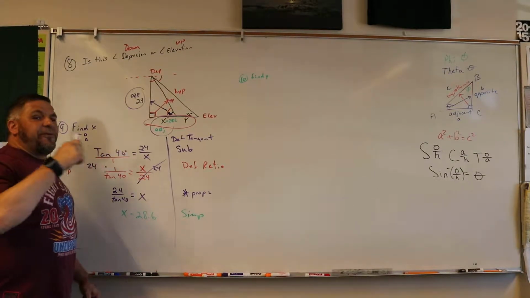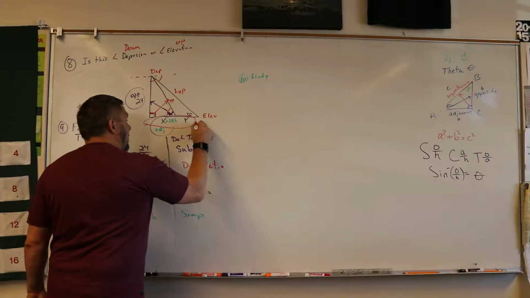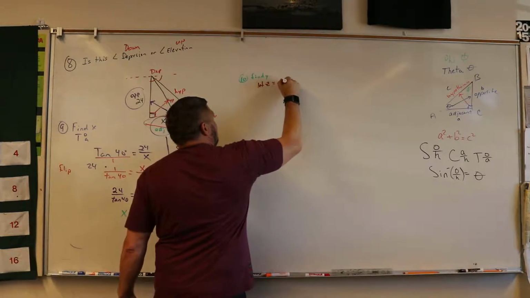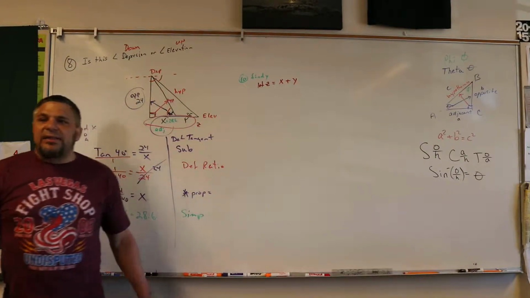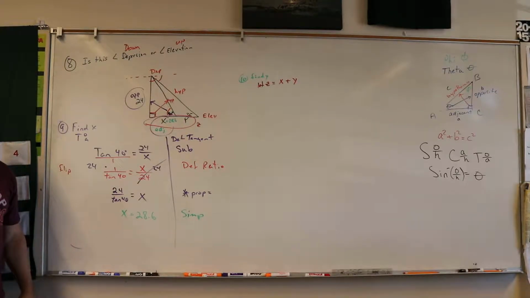So what we're going to look for first, and this is the way I like to work it, is I'm going to look for z. Okay? And I'm going to let z equal x plus y. And that way, it's easier in my brain. Instead of plugging in 28.6 plus y throughout everything, I just plug in z.